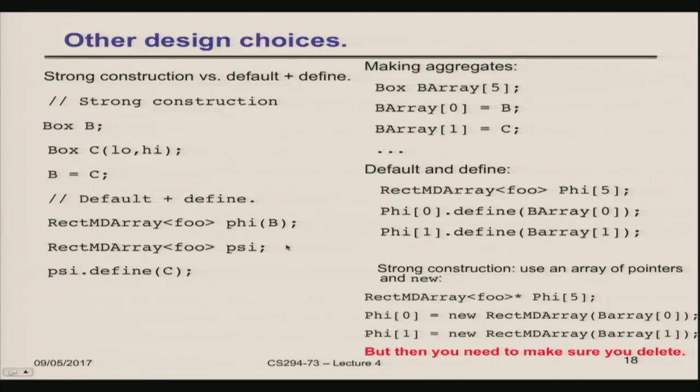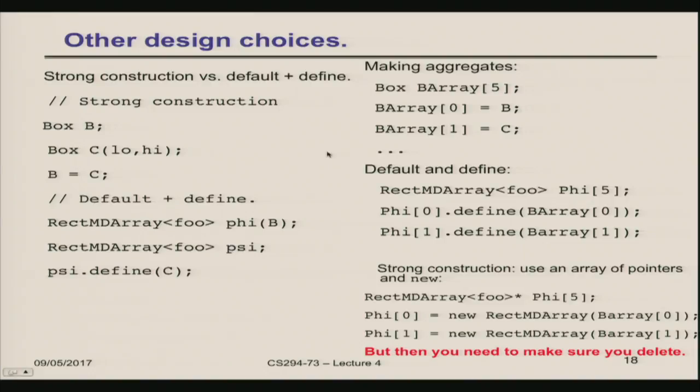Now, consider a default constructor, this is rectMD array psi. You have the opportunity, and in fact you have to with a default constructor, to define what psi is by applying a member function called define that finishes defining it. This looks like a really petty sort of distinction, but it's not.